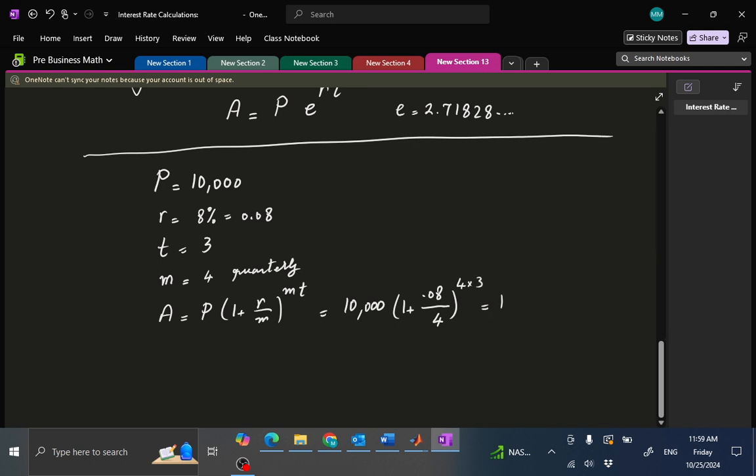So it becomes 10,000 times 1.02 to the power of 12. Well, we crank our calculator to see what that is. My phone gives me $12,682 and almost 42 cents.